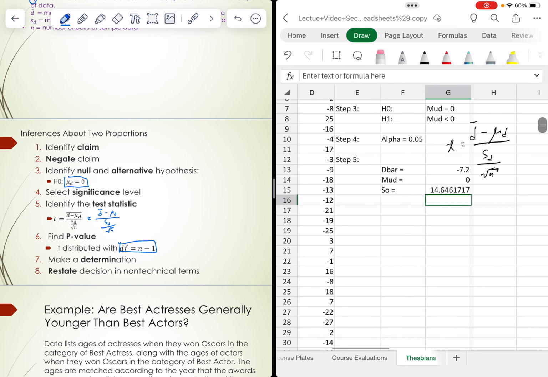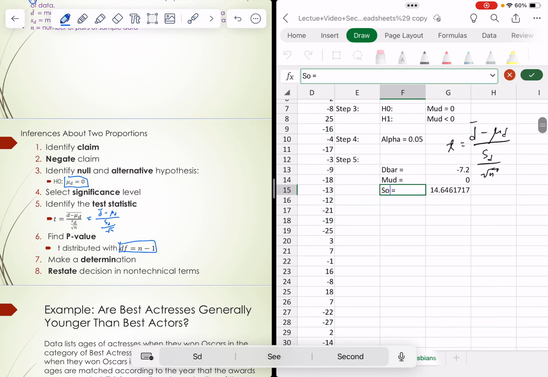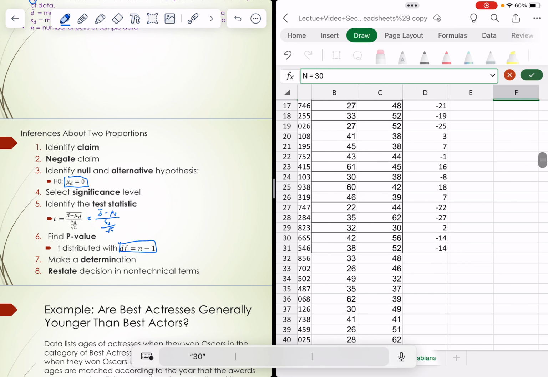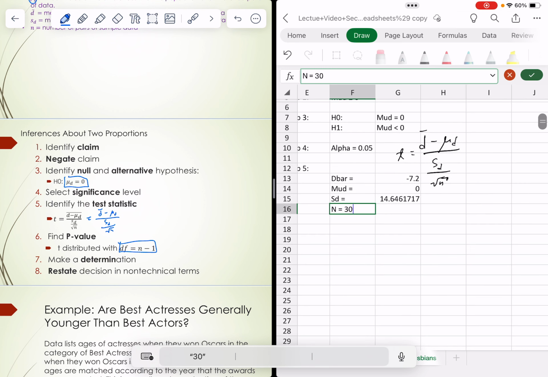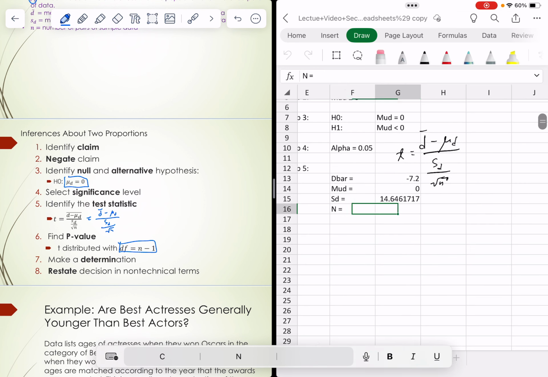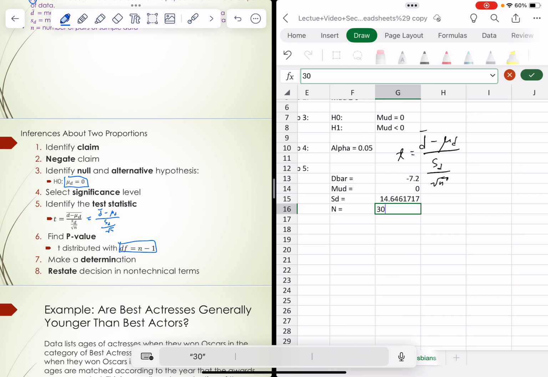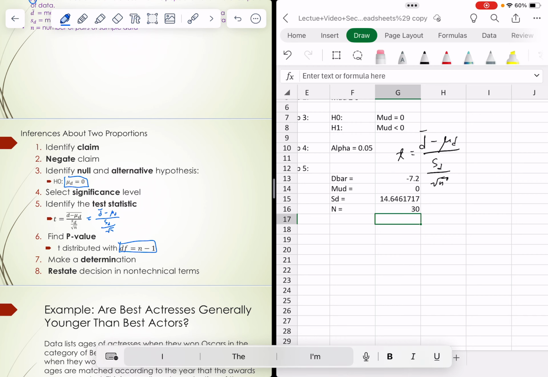Okay, so there's the standard deviation, SD. Okay, and then what do I need? I need N. N equals 30. All right. Okay, and there's all that I need.